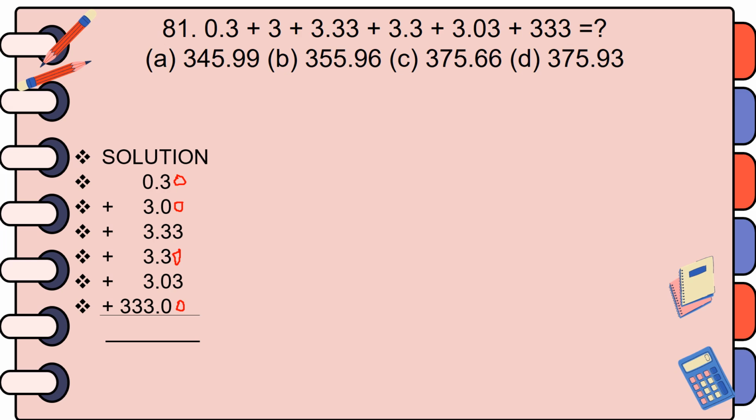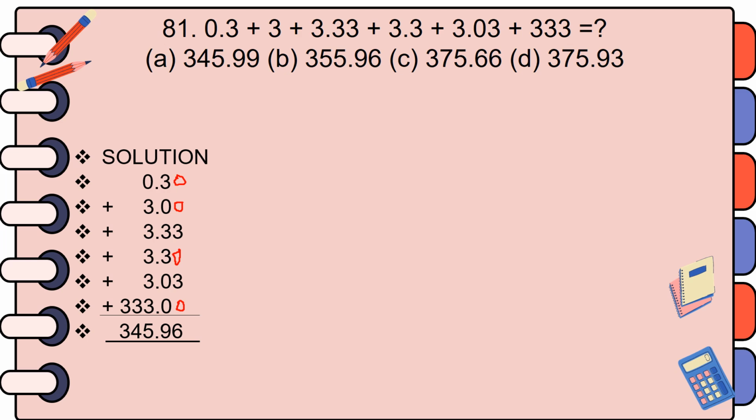So 0 plus 0 plus 3 plus 0 plus 3, it is 6. Again, 3 plus 0 plus 3 plus 3 plus 0 plus 0, it is 9. And again, for the whole numbers, 0 plus 3 plus 3 plus 3 plus 3 plus 3, it is 15.